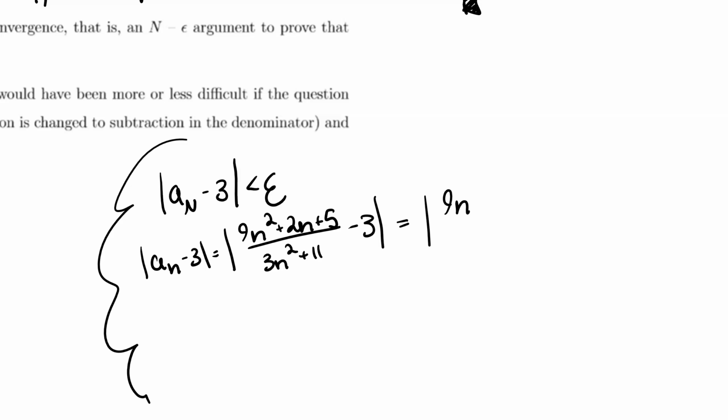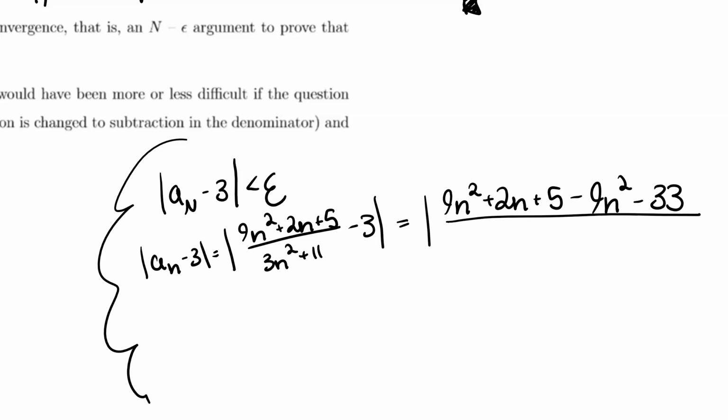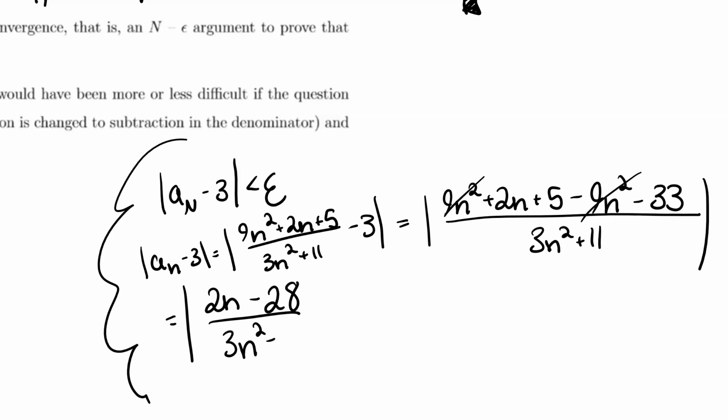What do we get? 9n squared plus 2n plus 5 minus 9n squared minus 33, all over 3n squared plus 11, absolute value of this thing. Let's simplify. These cancel. So we have 2n minus 28 over 3n squared plus 11.